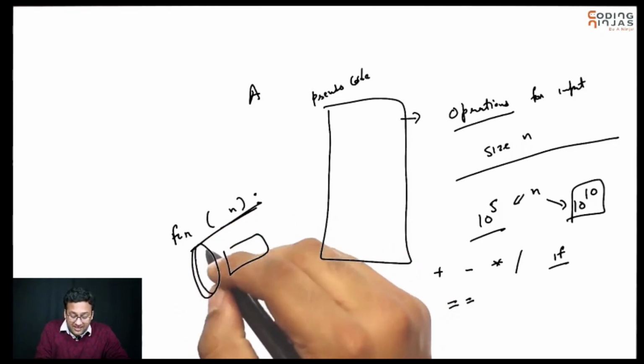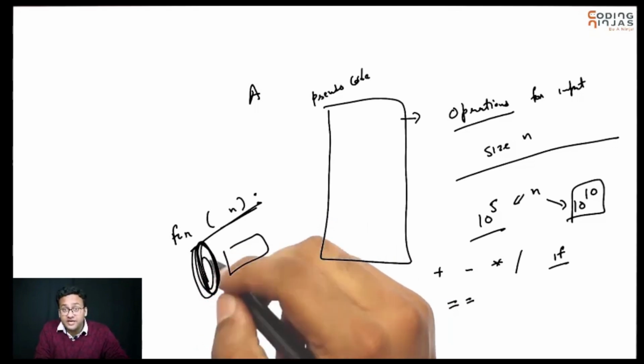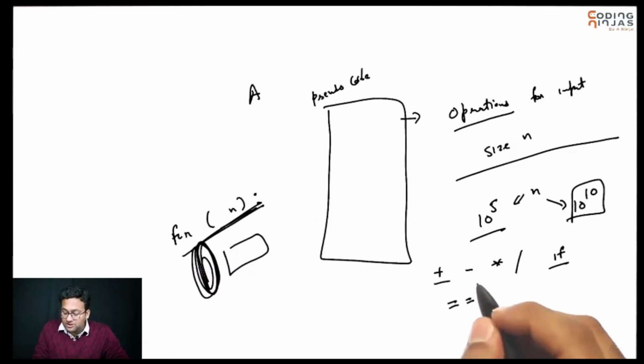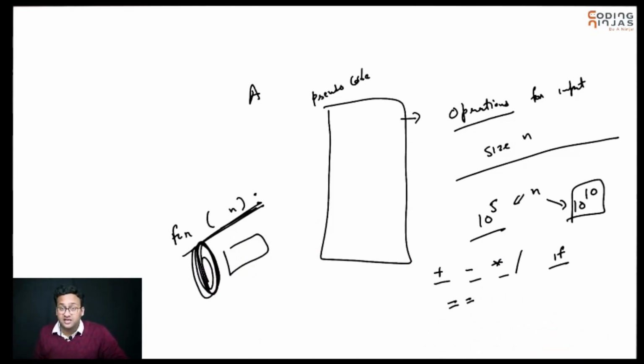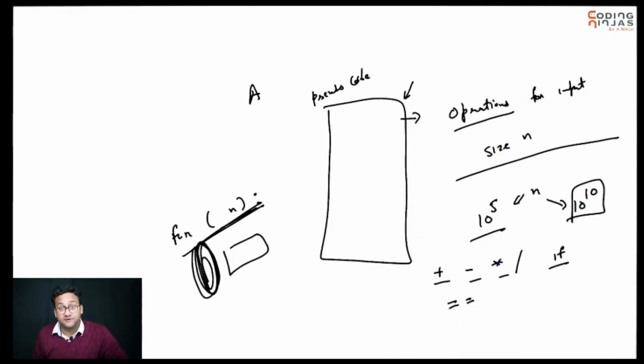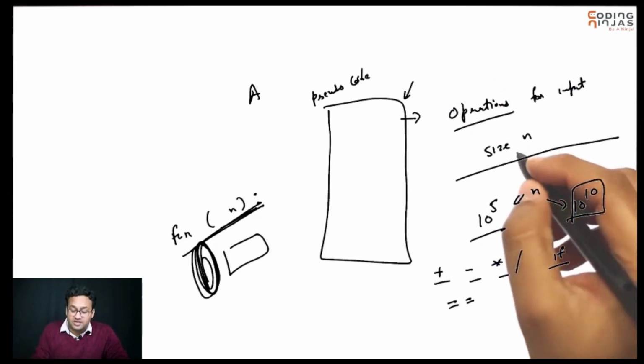You are repeating this work multiple times. All the small ones are single operations which we will use as unit operations while we are counting the number of operations our algorithm is taking. So we want to find out how many operations our algorithm requires for an input size n.